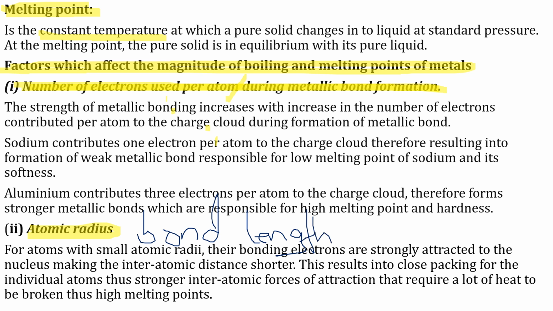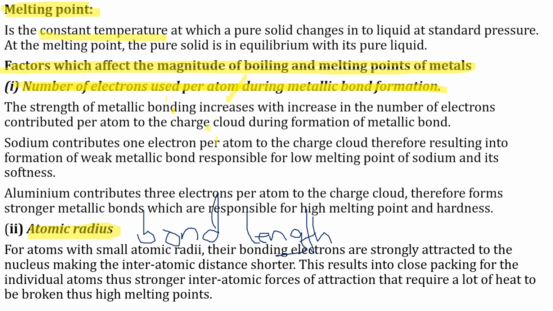It's applied everywhere. So the smaller the atomic radius, the shorter the bond length, and the shorter the bond length, the stronger it becomes. The larger the atomic radius, the longer the bond length, and the longer the bond length, the weaker it becomes.